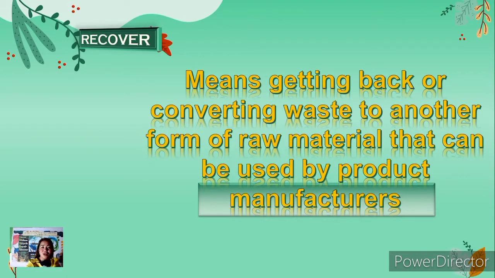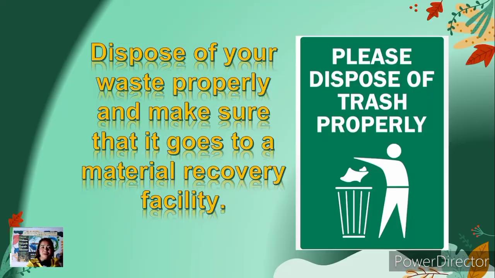Fourth R is recover, which means getting back or converting waste to another form of raw material that can be used by product manufacturers. If you cannot reduce, reuse, and recycle at home, just dispose of your waste properly and make sure that it goes to a material recovery facility.